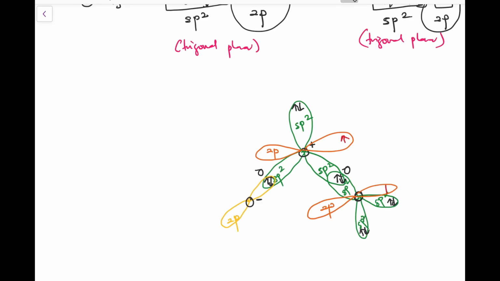So 1, 2, top and bottom, they will form the pi bond. So it is correct. Oxygen plus will form 2 sigma bonds, and on one side it forms a double bond. Okay, so that's all. Thank you very much.